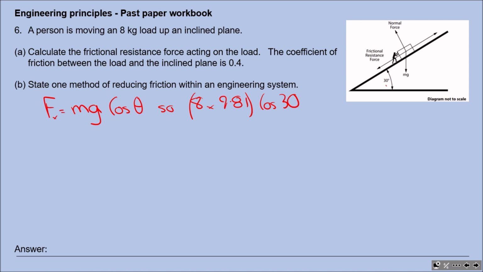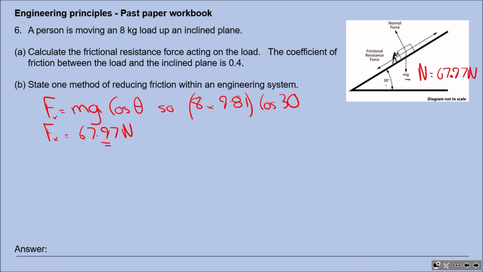So this force in the x-axis is equal to 67.97 newtons. That's what we'll call the normal force. That big capital N is the normal force, so that's 67.97 newtons.